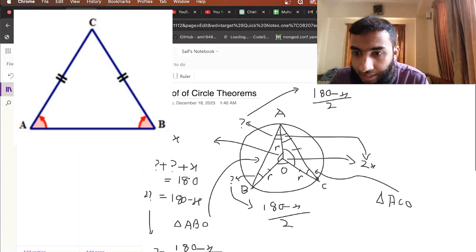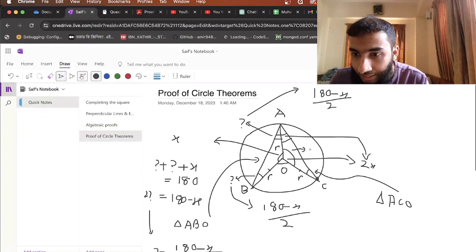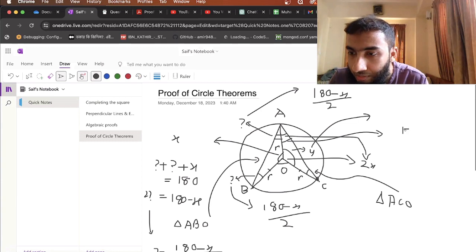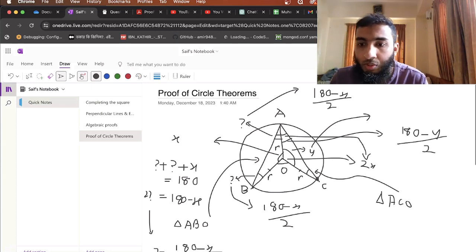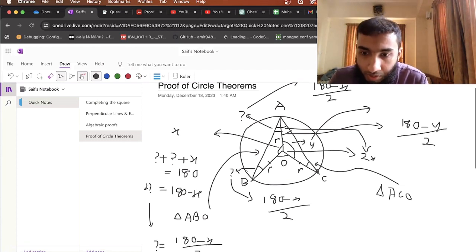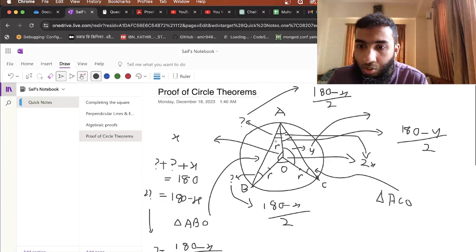Let's say this angle is Y. This angle would be (180 minus Y) by 2, if you use the similar formula of the three angle summation being 180 in the triangle ACO, just like we did with ABO. So this angle is (180 minus X) by 2 and this angle is (180 minus Y) by 2.